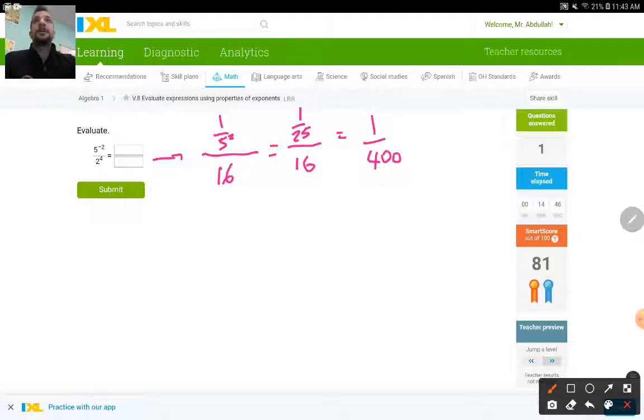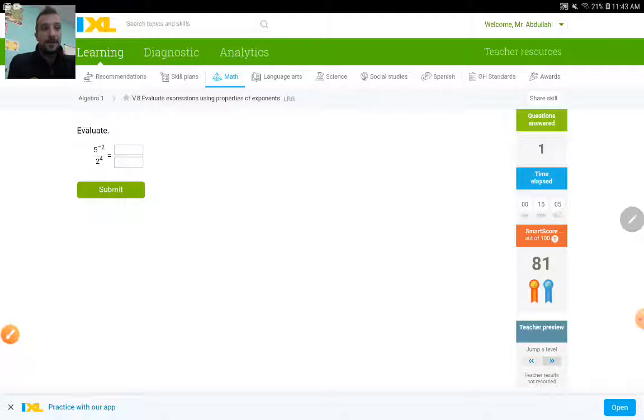Let me double check. 25 times 16. Okay, yeah, that's 400. So the answer would be 1 over 400, but for this question I would just grab the calculator and see what the answer is, instead of taking the risk of making a mistake, because you're already at 81. If you get this wrong, you're probably going to lose over 5 points.